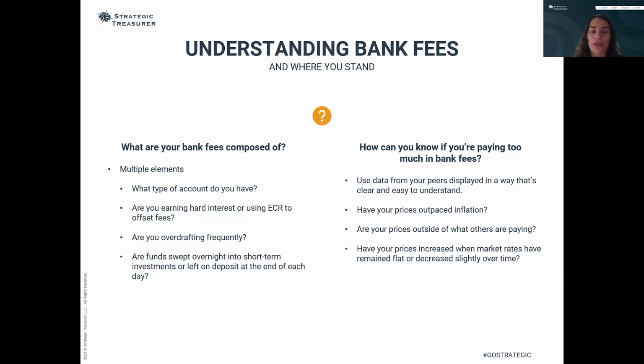We want to understand if our prices have outpaced our recent inflationary period, or are your prices outside of what your peers are paying? And are those prices increasing in step with market rates? Because unfortunately things increase over time, and we want to see that our increases are at least at pace with the market rate. There's not a spike where ours are in comparison to our peers.